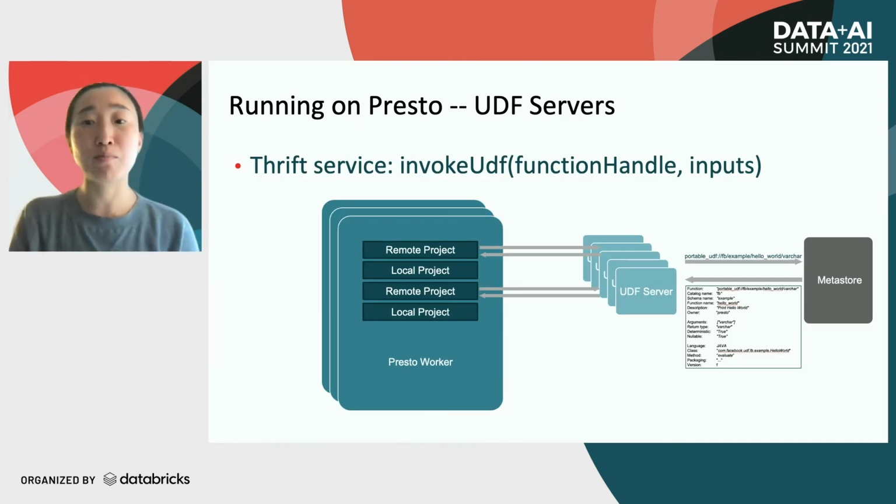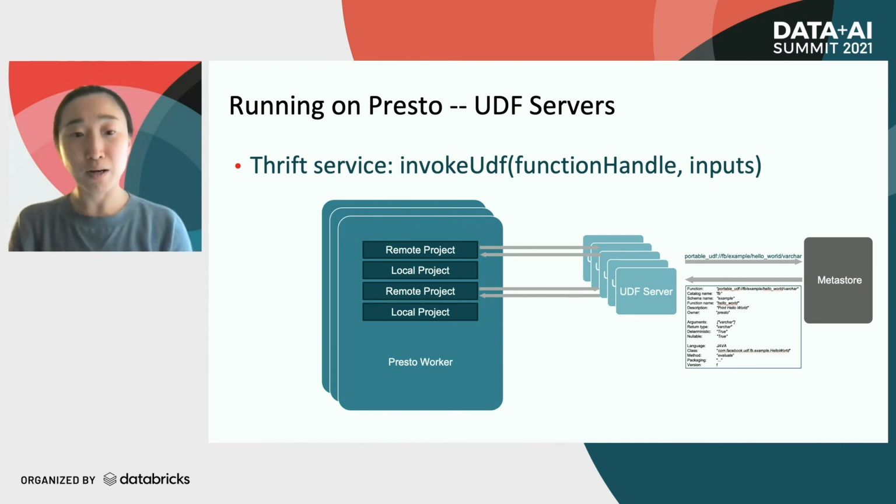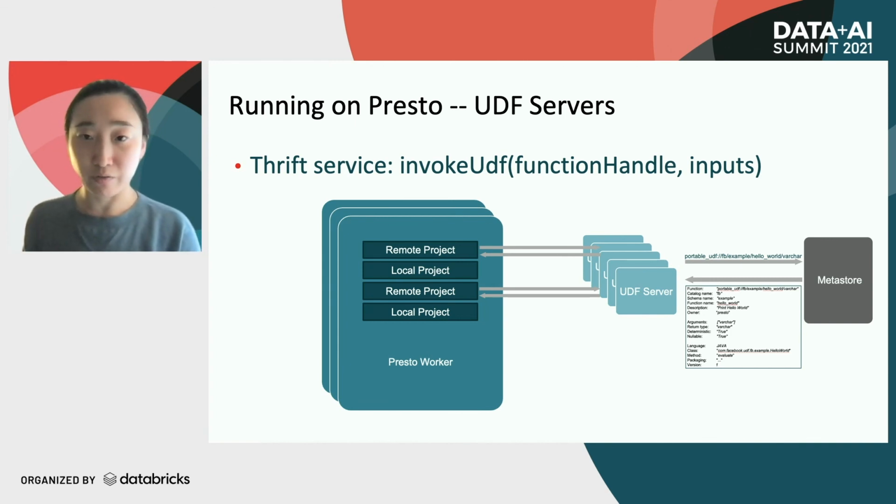At runtime, this is what it looks like on the Presto worker. The Presto worker would see that this plan needs to run a local project, which is business as usual. And when it sees a remote project, it will send a request to the UDF server. This API is logically just invoke function with the function handle and the input data.